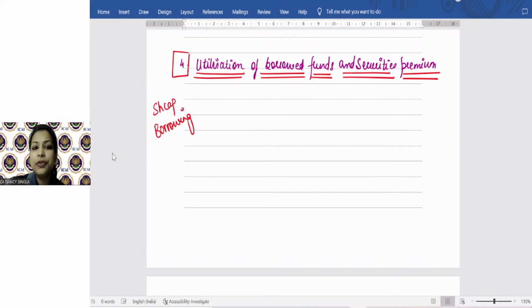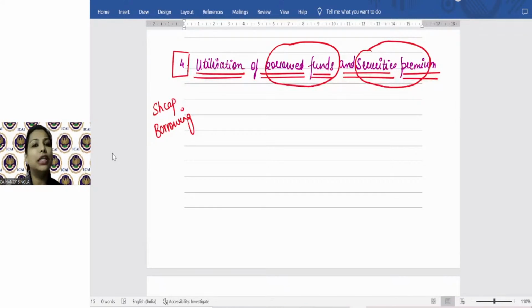Because this point relates to borrowed funds, that is borrowings, and securities premium, which is related to share capital, reserves and surplus. In Schedule 3, I have told you there is a sequence of 14 points that the company has to give as additional regulatory information with respect to the balance sheet captions. So for simplicity, for your understanding, in the module these points have been given with the related topic.